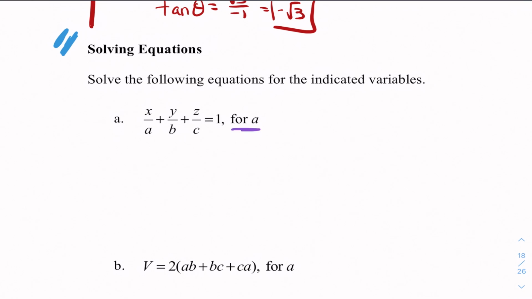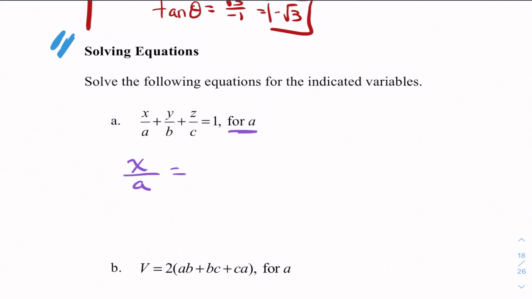What we want to do, if we're going to do this, is first get the term that has the variable that we want on one side. And then we are going to subtract the y over b and the z over c to the other side. So we have 1 minus y over b minus z over c.